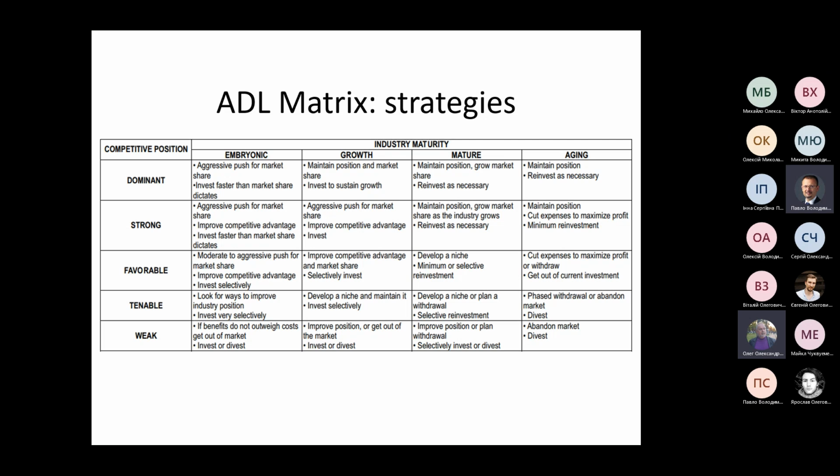We have 20 boxes. Why 20? Because here is 5, here is 4, and 5 times 4 is 20, so they provide 20 strategies.